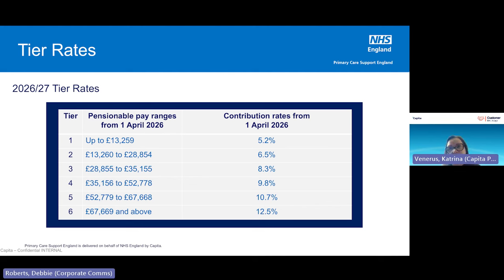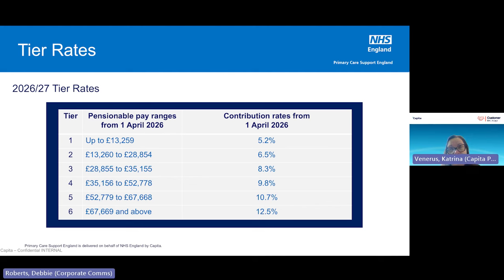I think the thing just to mention is that if you've got GPs that work for you who have multiple roles, somebody may be a part-time salaried GP at the practice, maybe with 25,000 estimated income there, but they might also have an out-of-hours role, or be a GP appraiser for a region, etc. Taking into account all of those roles, that might take them to something like 70,000 or 80,000, taking them up to the 12.5% bracket.